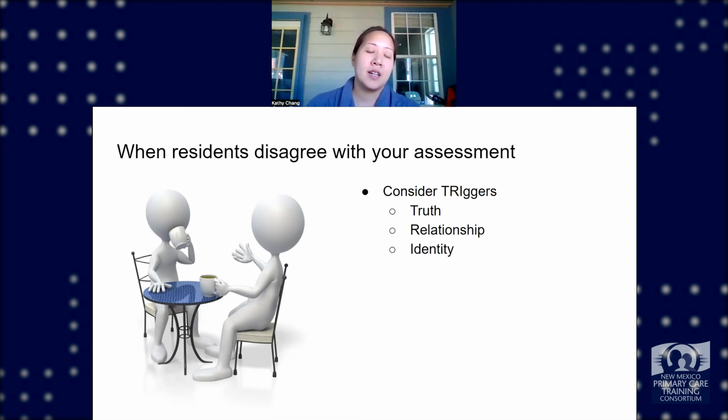And then there's this consideration of triggers. So sometimes if somebody completely disagrees with what you're saying, it's either an issue around the truth of the matter. So they have a different understanding of the same situation, right? Like you said this happened, but they disagree. That's not what happened, right? And so there might need to be some clarification, which is also why specific and concrete examples are helpful, right?